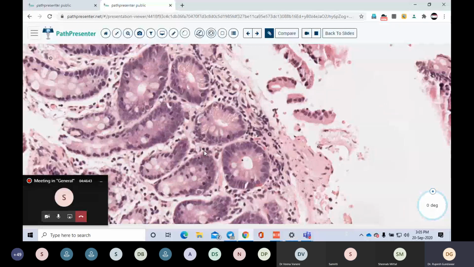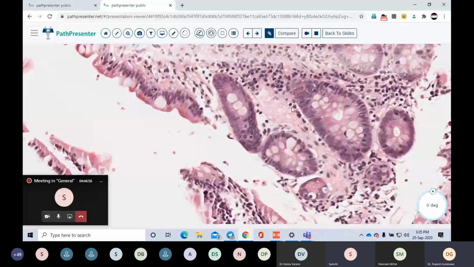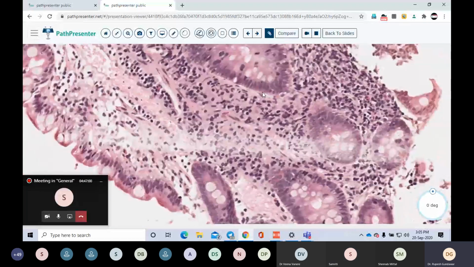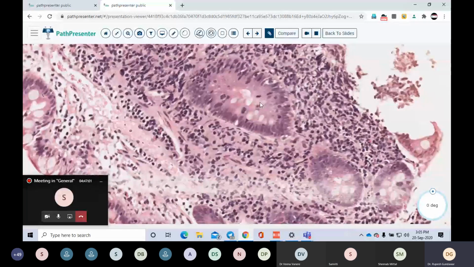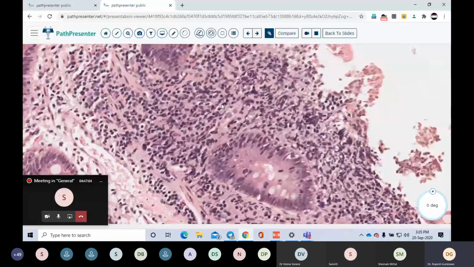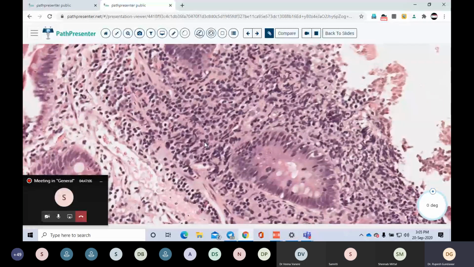What finding are you getting? Is it either apoptotic debris or cryptitis? Yes, you are right. These are all apoptotic bodies. There is too much increased apoptosis. So when there is too much apoptosis, this is related to some immune regulated disease, or immune related disease, right?